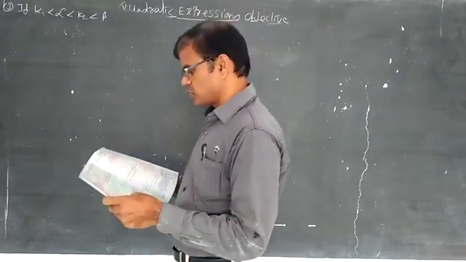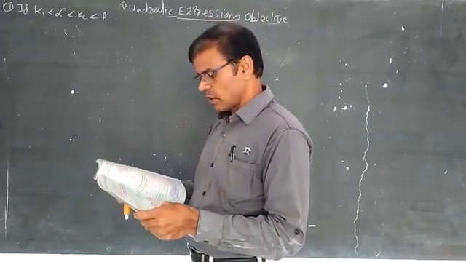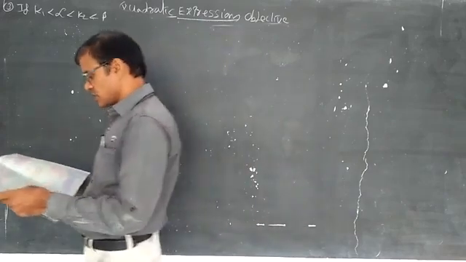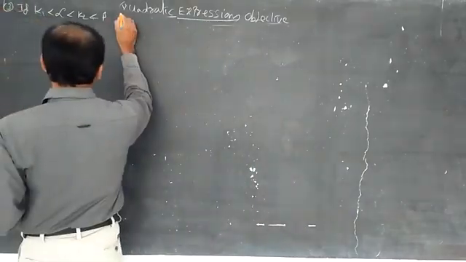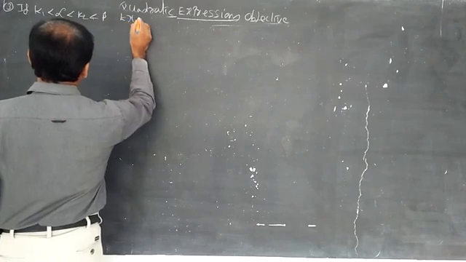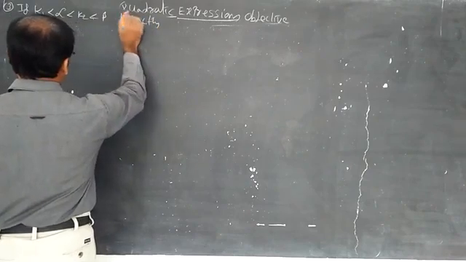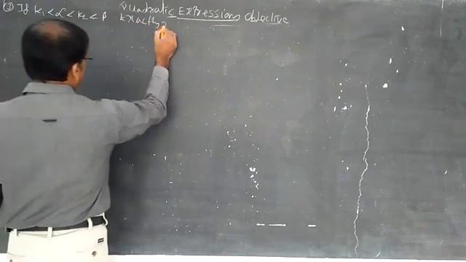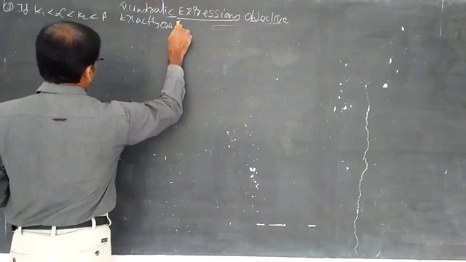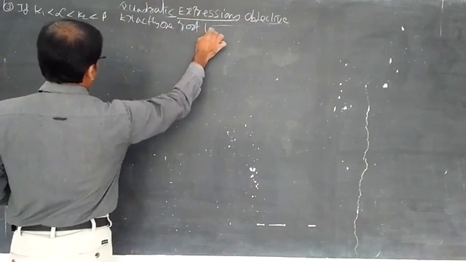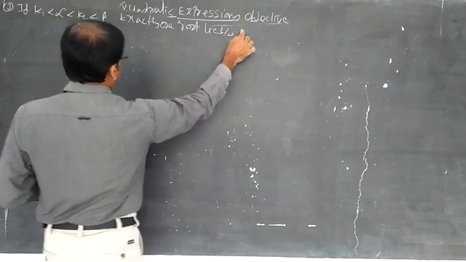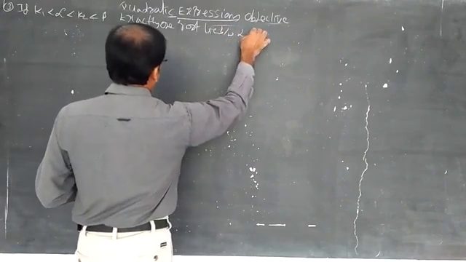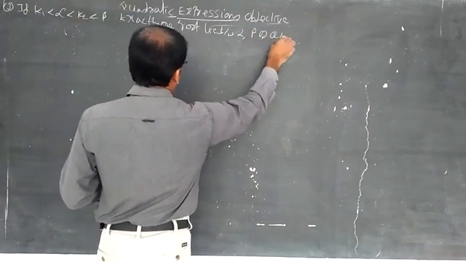Exactly one root lies in the interval. That is the concept. Exactly one root. Given the concept, exactly one root lies between alpha comma beta of the quadratic equation.